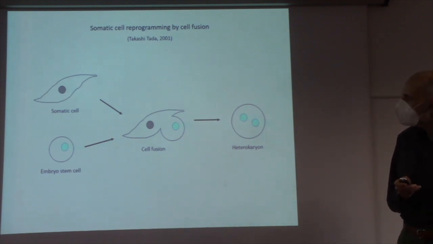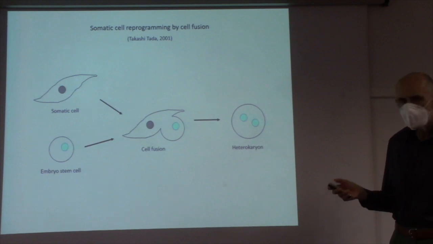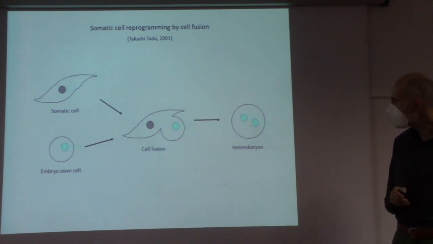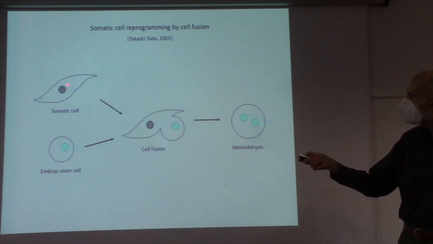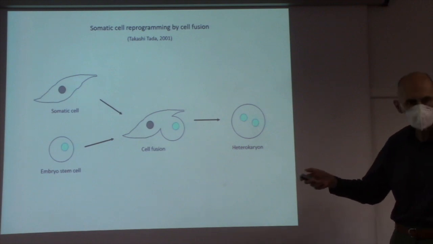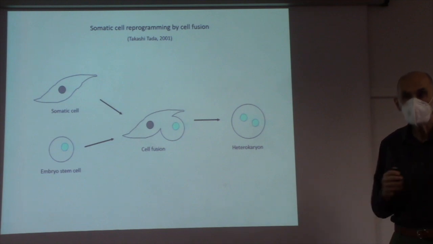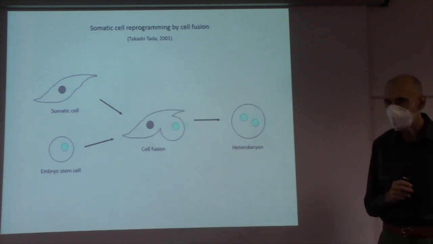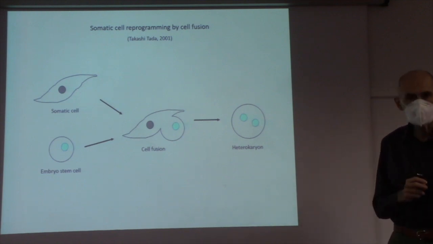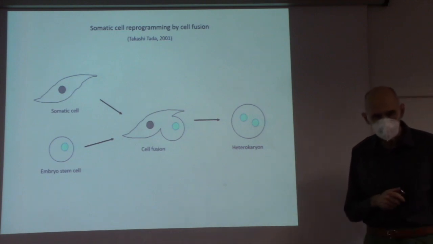Okay, so if people fused a somatic cell with an embryonic stem cell, the uniform result of the experiment was that the nucleus of the somatic cell acquired characteristics of the embryo. That is, it began to express typically embryonic genes, and behaved like an embryo nucleus in all respects.